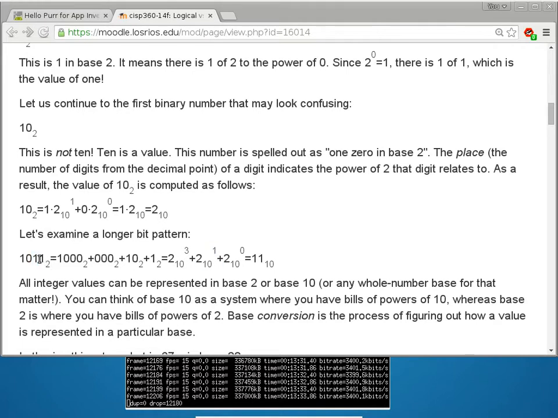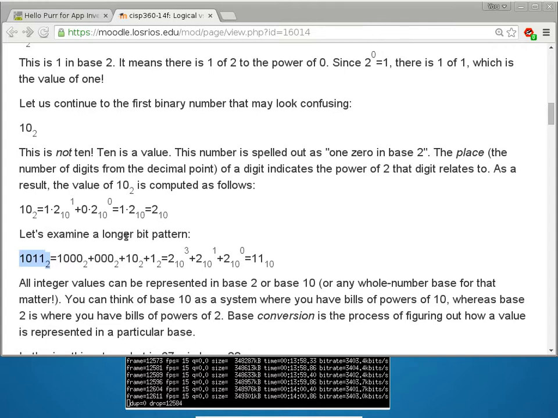And this one represents that we have 1 of 2 to the power of 0, which is this guy here. So when you add up these numbers, 2 to the power of 3 is 8, 2 to the power of 1 is 2, and 2 to the power of 0 is 1. When you add up these 3 numbers, we get 11, which is the base 10 representation of the same value, 1011 in base 2.